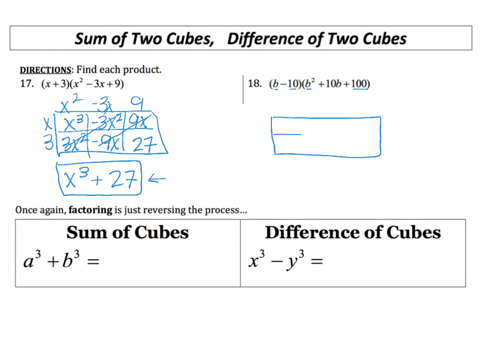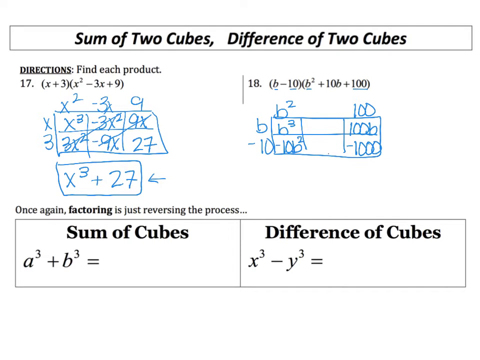and kind of say we're thinking about working backwards here. If I have b minus 10 and b squared and 100, b times b squared is b cubed. Negative 10 times 100 is negative 1,000. Negative 10 times b squared is negative 10b squared. And b times 100 is 100b.